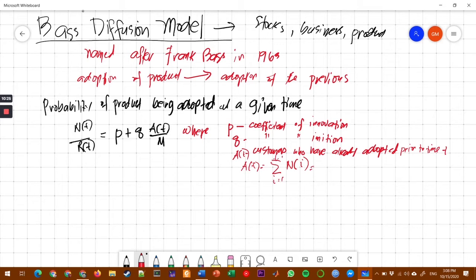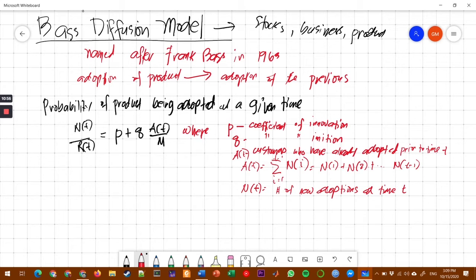So this is just n of 1 plus n of 2, cumulative, and so on, up to n of t minus 1, where n of t is the number of new adoptions at time t.